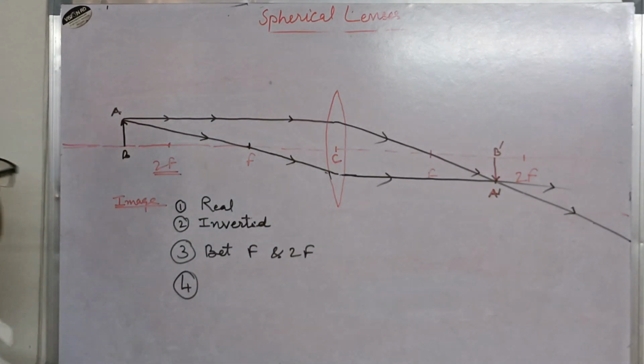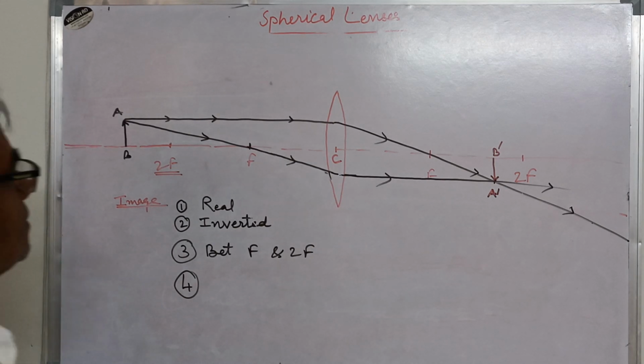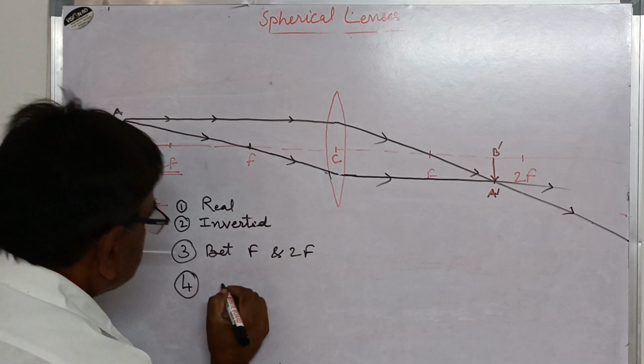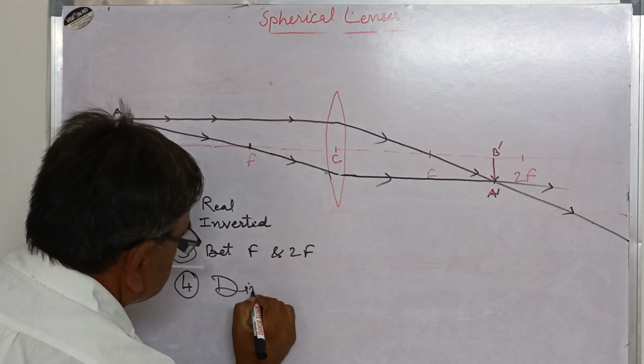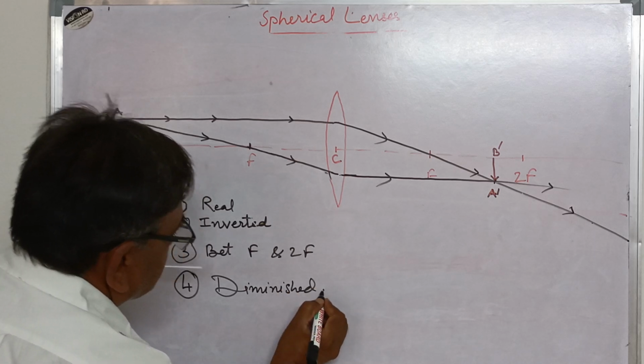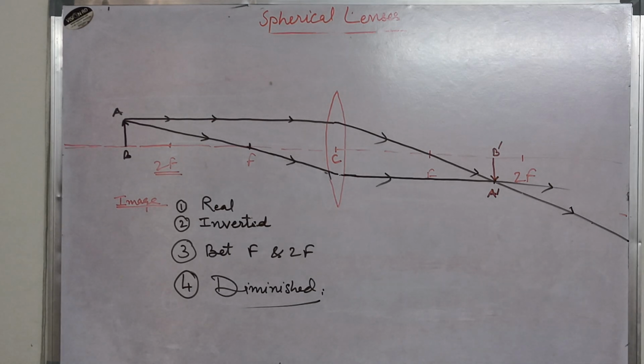The size of the image, you know, it is diminished. Then you will see that the size is less. The size of the image is less than that of the object.